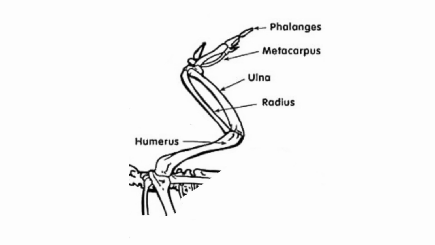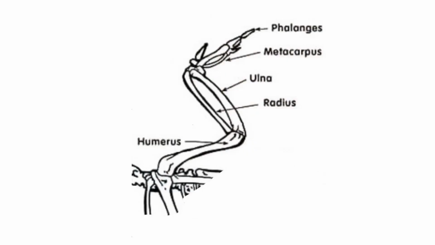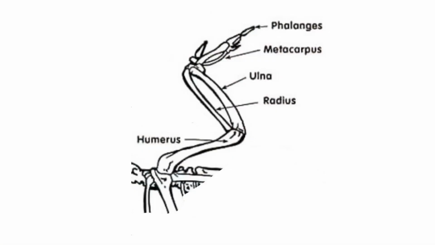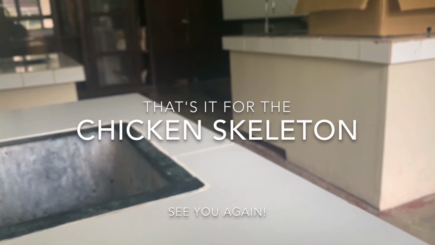So from the phalanges, carpometacarpus, ulna, radius, humerus, that whole group is our forelimb, the wing. So that's it for the chicken skeleton.